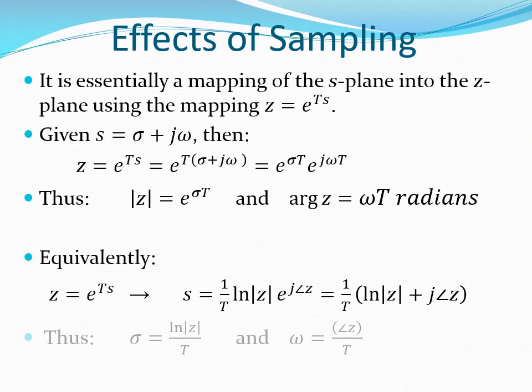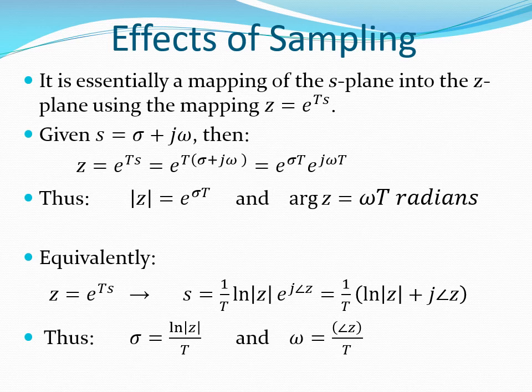Sampling is essentially mapping of the S-plane into the Z-plane, and we define z as being equal to e to the Ts. We know that s is a complex number made up of an imaginary and a real part, and is expressed as s equals sigma plus j omega.